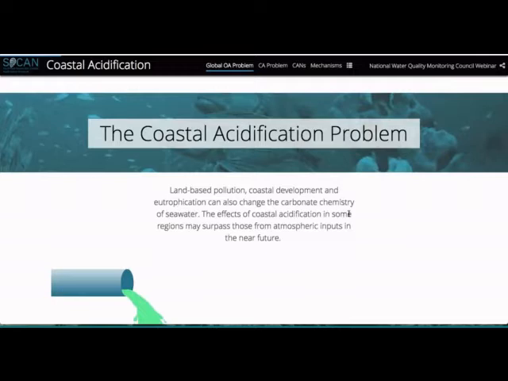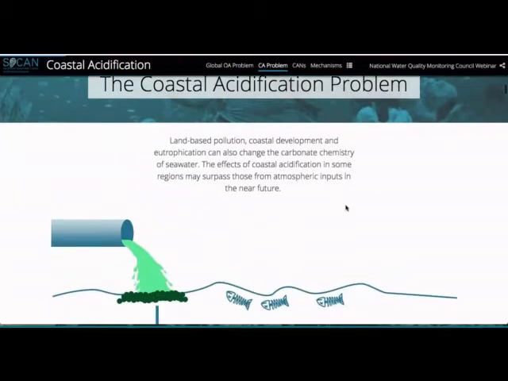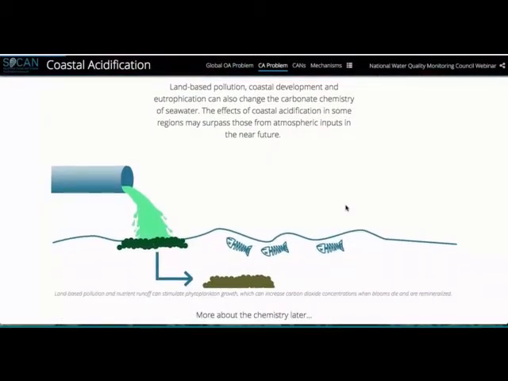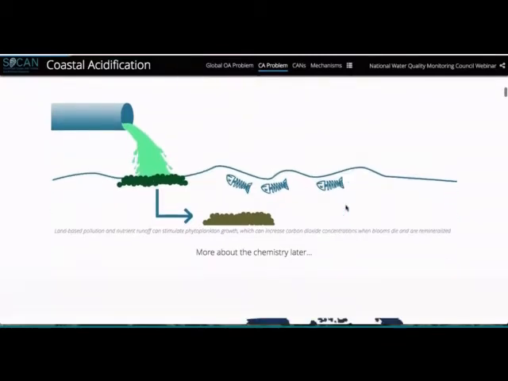For example, eutrophication is a major link to acidification, and Janet will talk you through some of those mechanisms and how we're seeing those mechanisms changing coastal water quality, particularly in the Southeast.